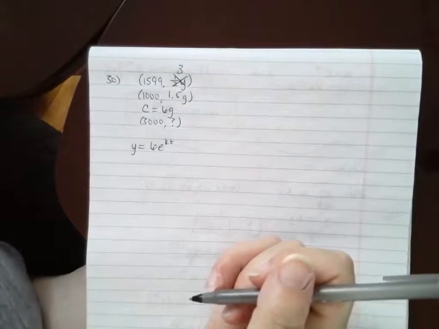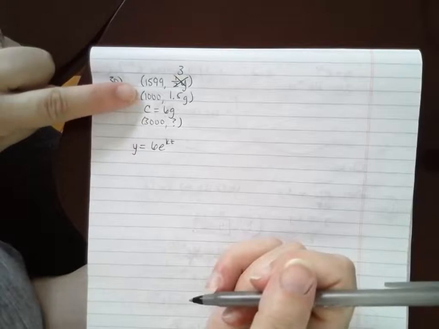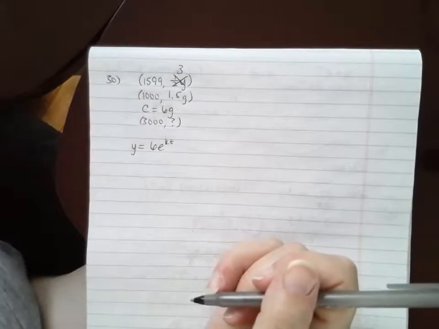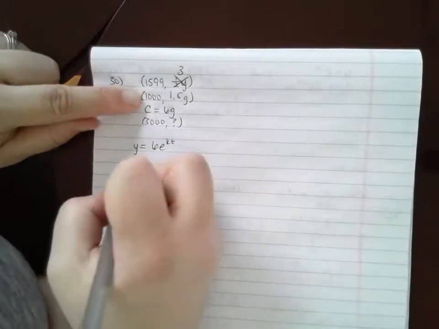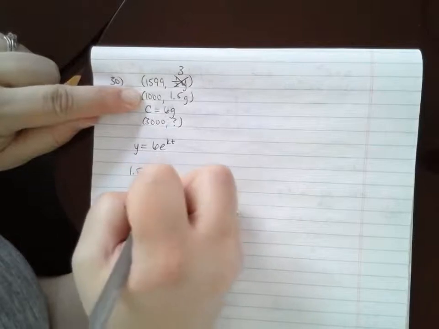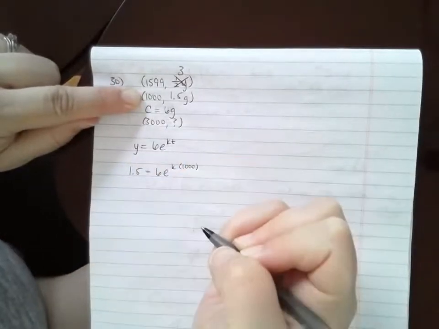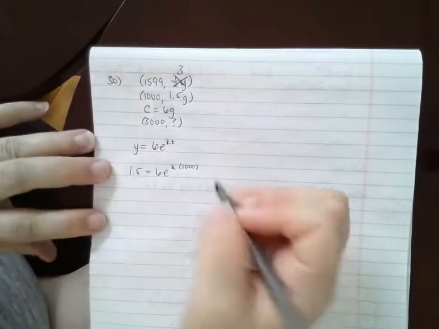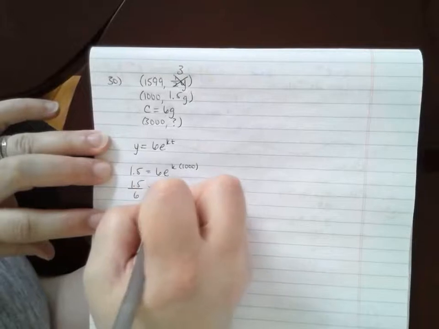I want to use a point that has information in it, and see if I can solve something from there. So let's see. I'm going to use 1,000 here and show what that looks like. 1.5 equals 6e to the k times 1,000. All right, so 1.5 over 6 equals e to the 1,000k.